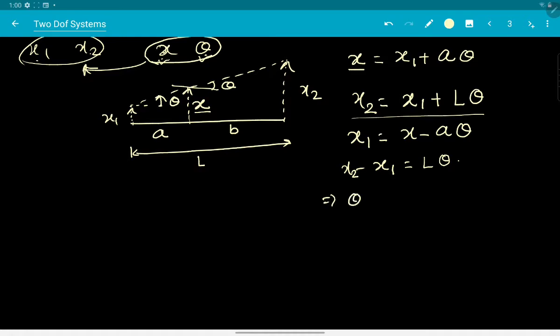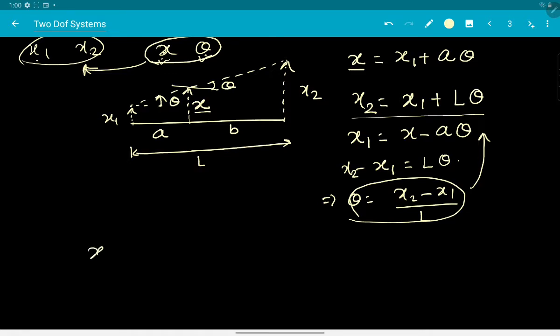So theta is equal to (x2 minus x1) divided by L. If I put this value of theta in this equation, then I get x1 as x minus (x2 minus x1) theta over L.